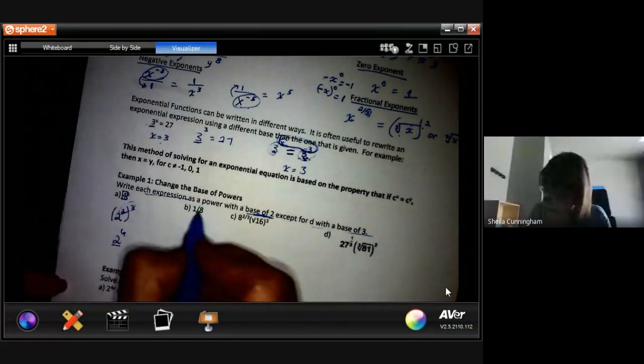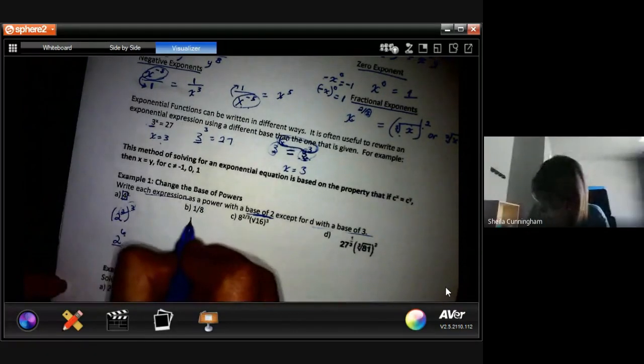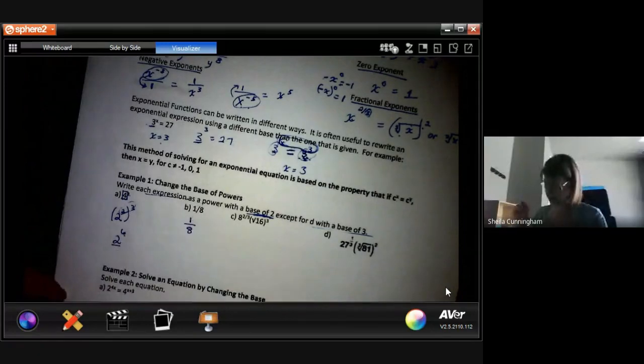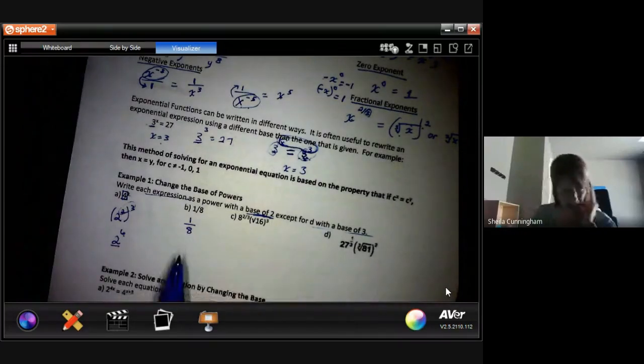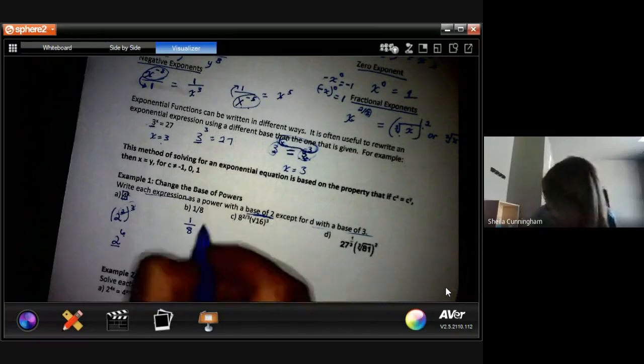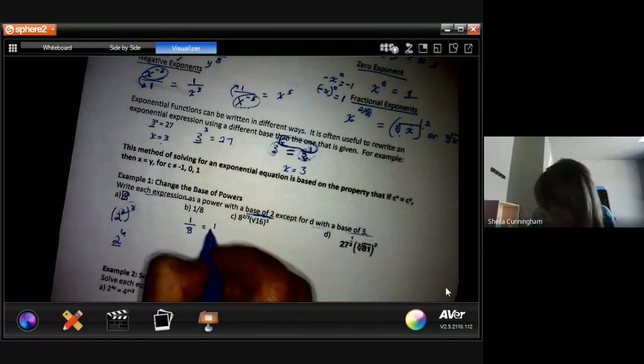So in the second one, you've got 1/8. I'm going to write it like this, just so that we can see it visually, maybe a little bit easier as we move through this. In this instance, I look at the 8 and I need to write that 8 as a base of 2.